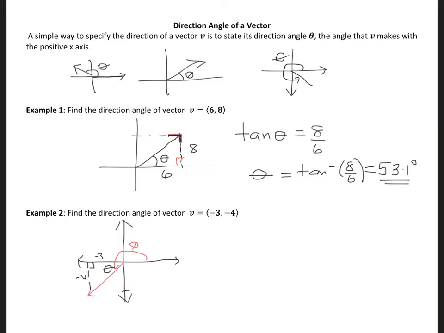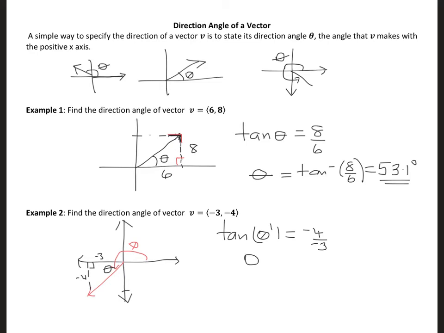So tan theta, let me go back here. I'm going to write tan of theta is equal to opposite over adjacent, negative 4 over negative 3.